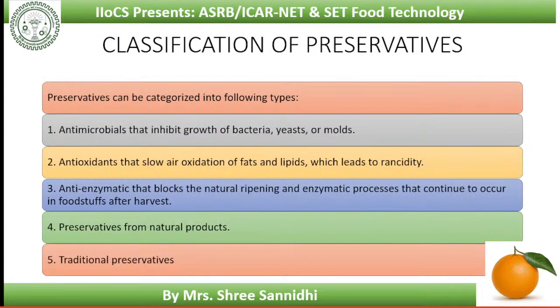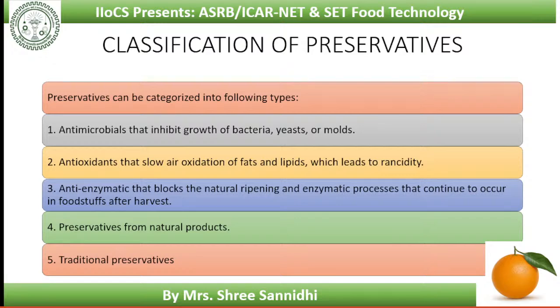Let us see the classification of preservatives. There are different types of classifications. So let us see one type of classification now. First type is antimicrobials that inhibit growth of bacteria, yeast and or molds. Then antioxidants that slow air oxidation of fats and lipids, which leads to rancidity.